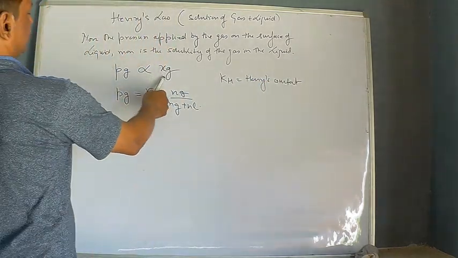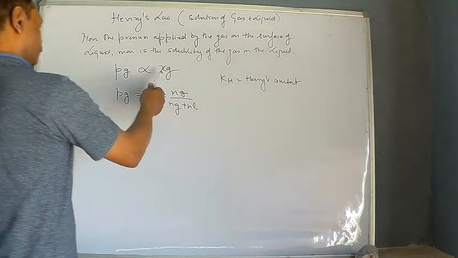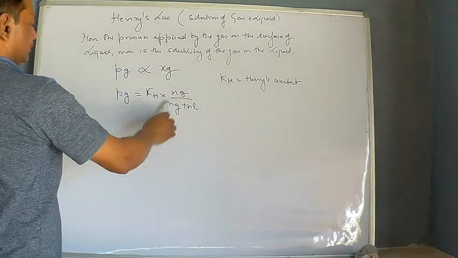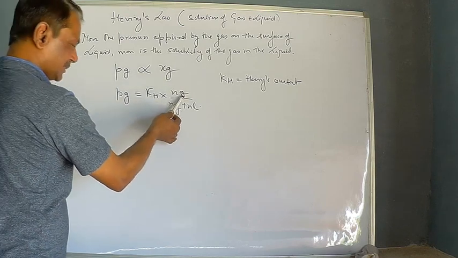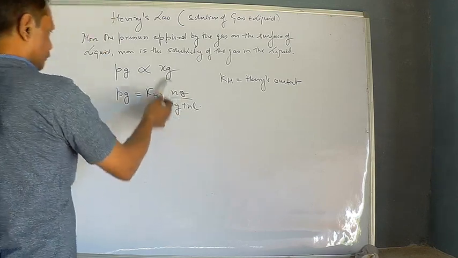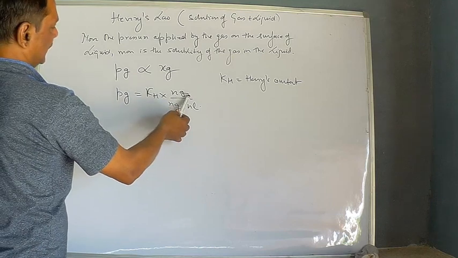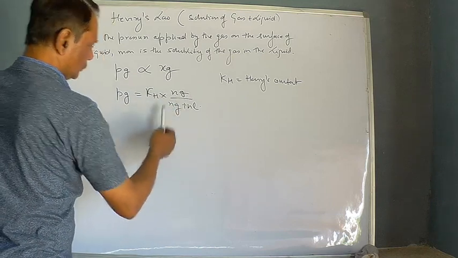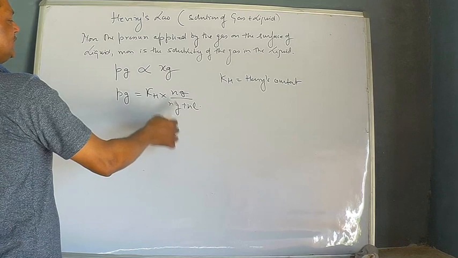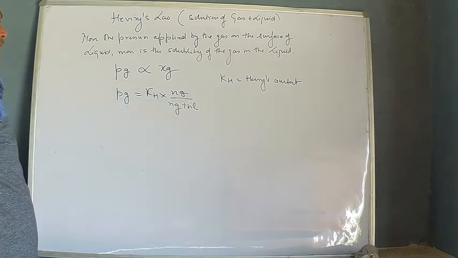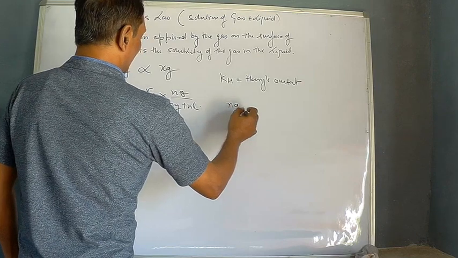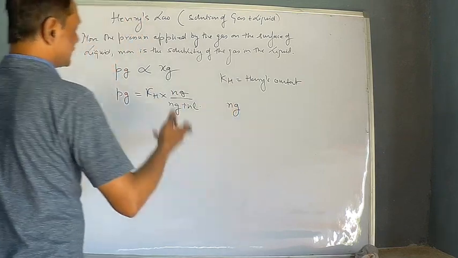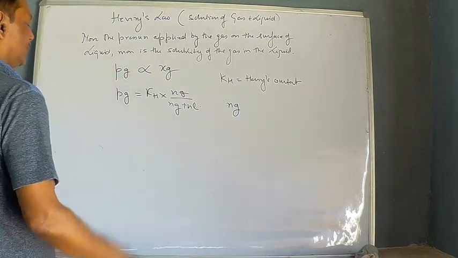And mole fraction, I have already discussed with you. Mole fraction is always number of moles of the component upon total number of moles. So Xg is Ng upon Ng plus Nl, where g represents gas, l represents liquid. But solubility of the gas is very less in liquid or in water.